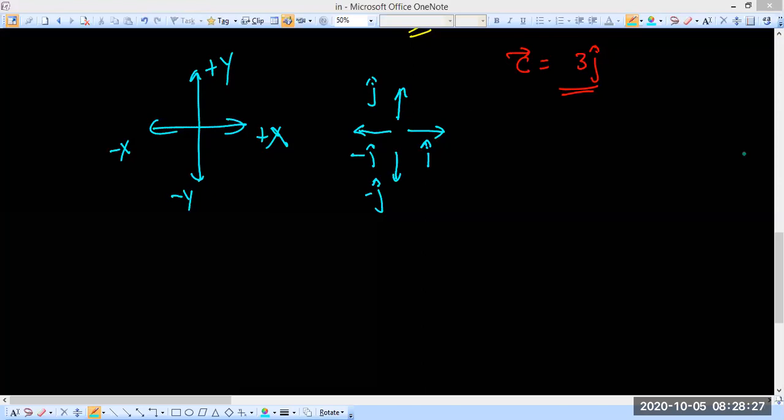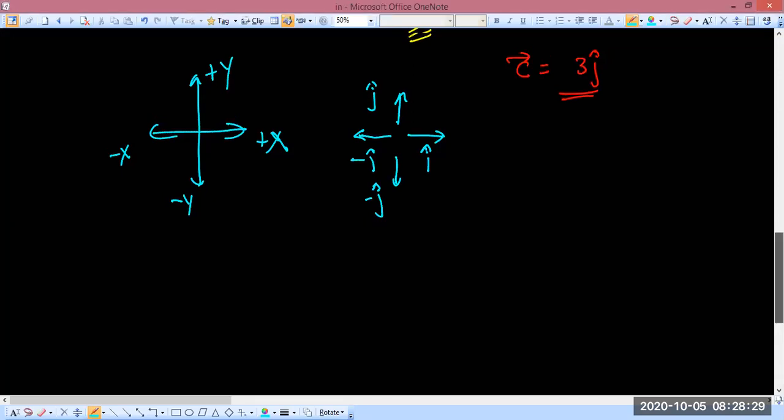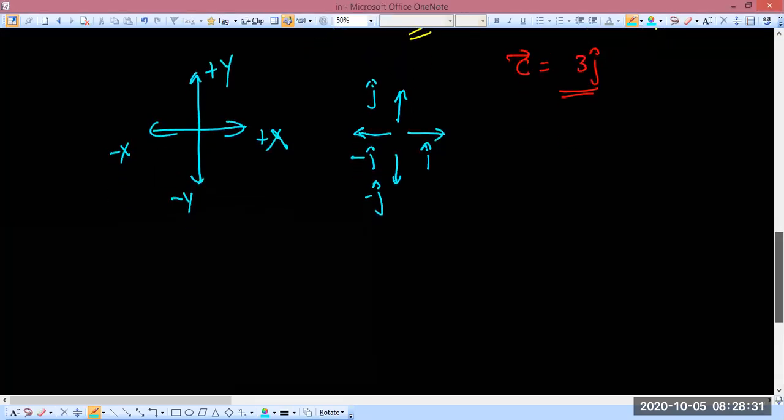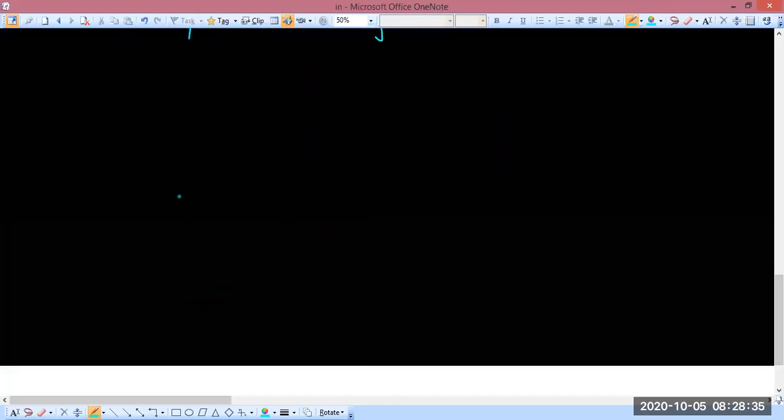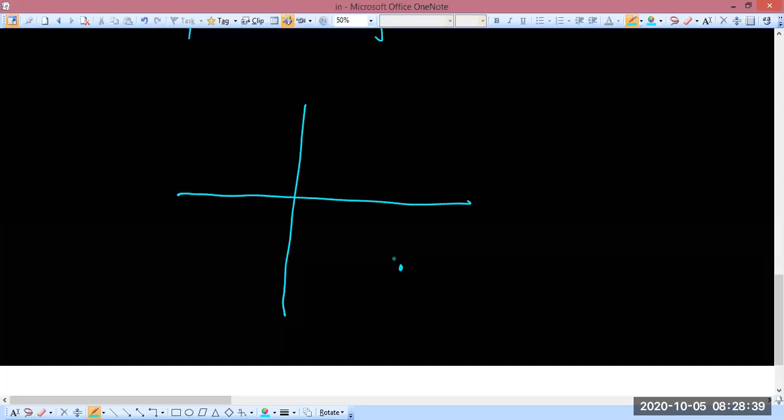Okay, so try this now. Suppose we draw a vector from, let's say, this point P, which is in the fourth quadrant, so 5 comma -3, to maybe somewhere here, let's say Q, so that this is minus 1 comma 7.